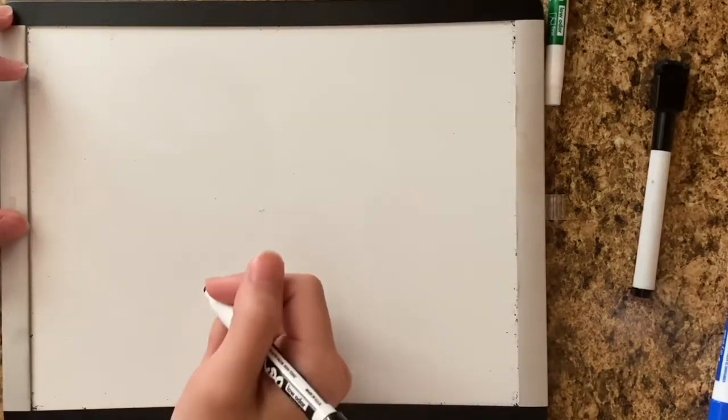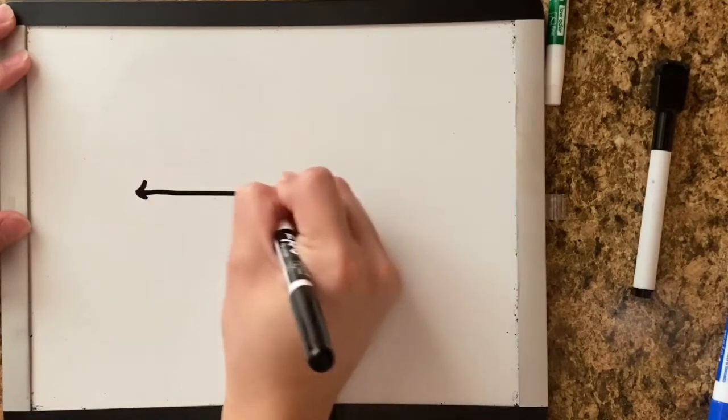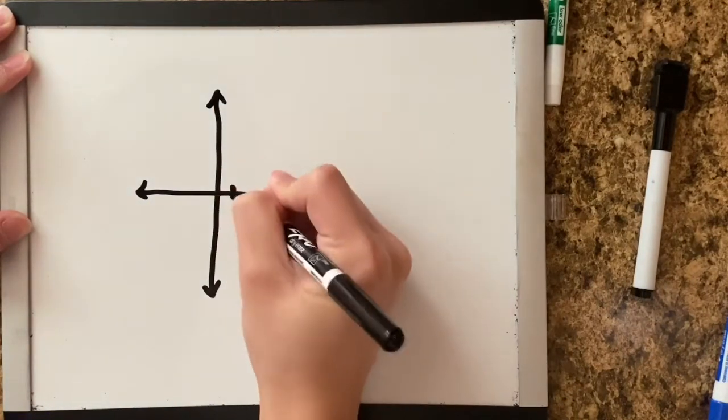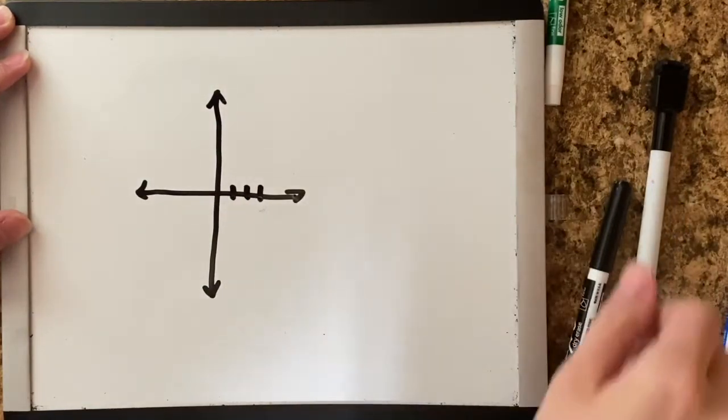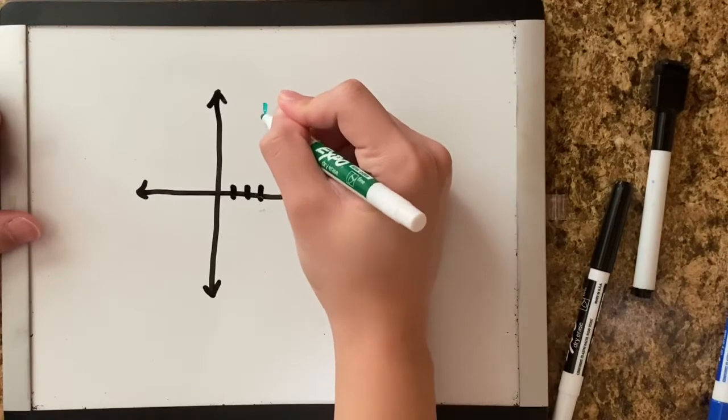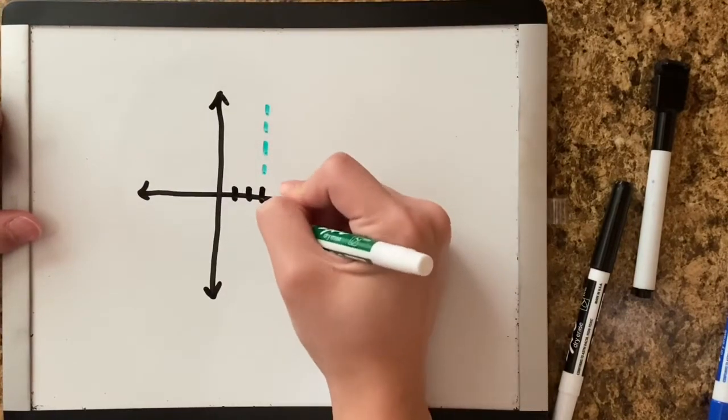So let's get started with understanding how to find the vertical asymptote. To recap, an asymptote in its simplest definition is a straight line. Let me represent it with a dotted line, and let's choose the color green. I'll be putting it at x equals 3.